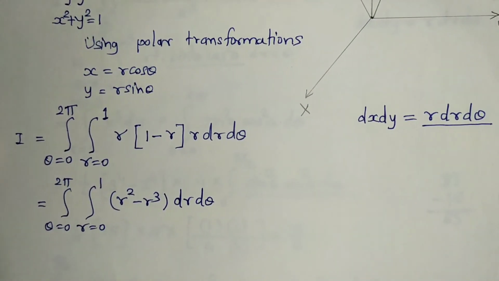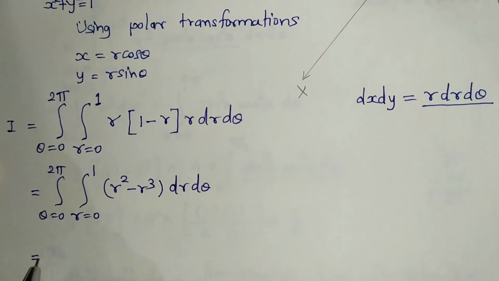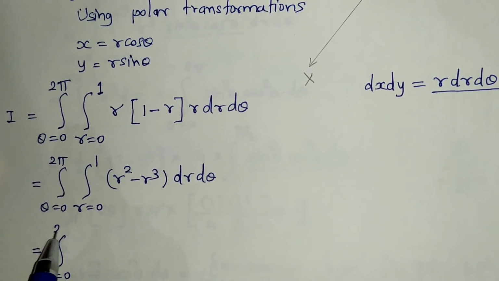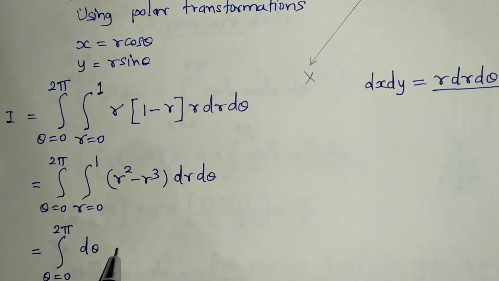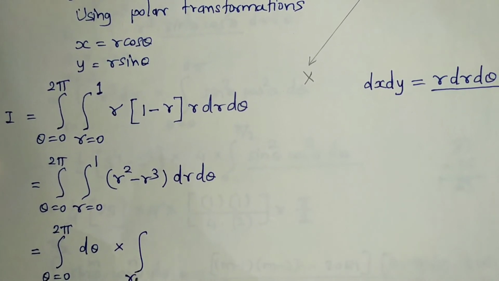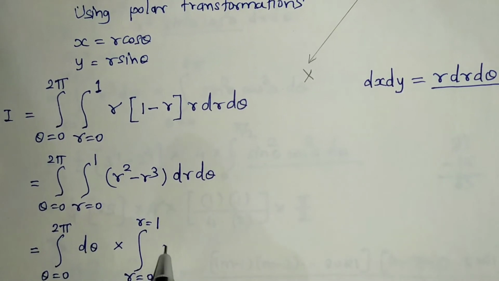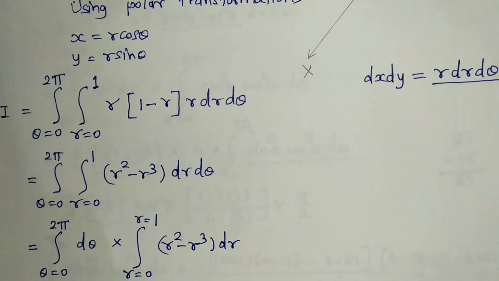The limits of r as well as theta are constant, so I can separate these integrals: the integral of d theta from 0 to 2 pi, into the integral of r square minus r cube dr, r from 0 to 1.